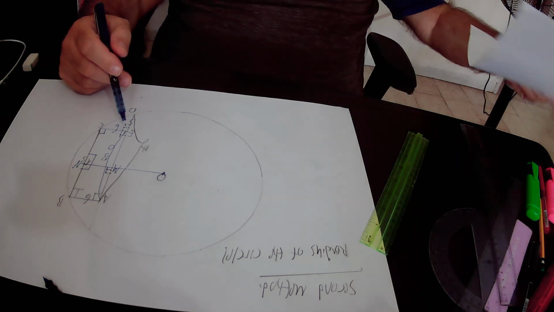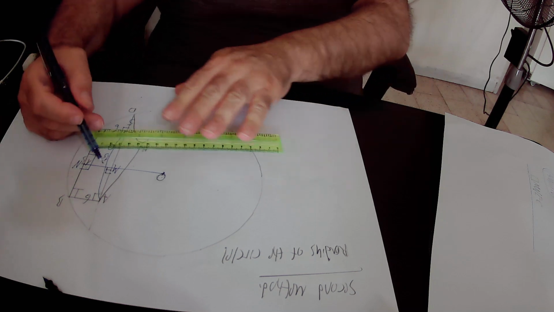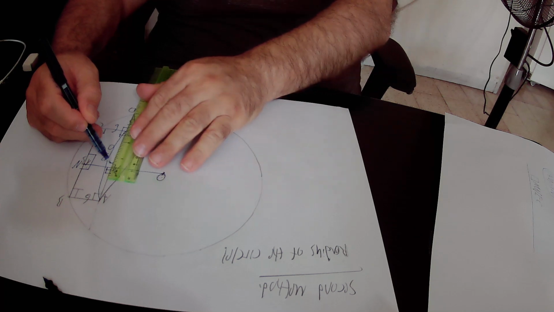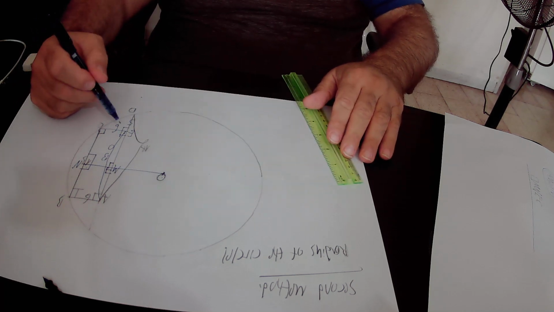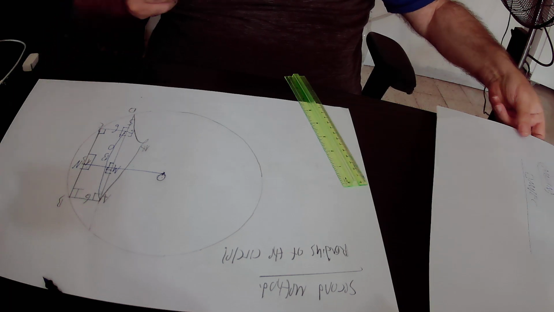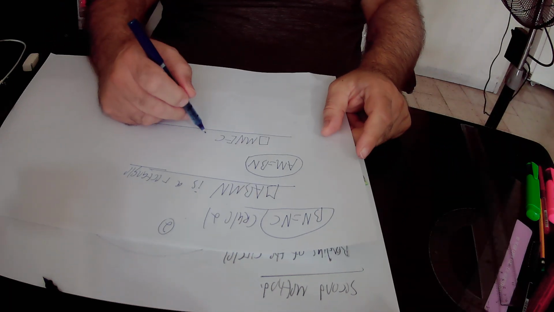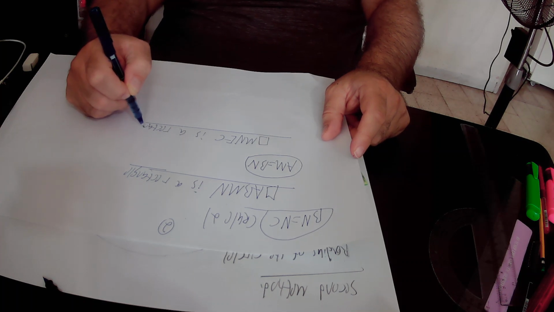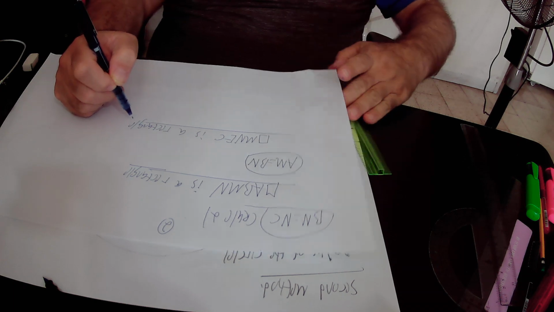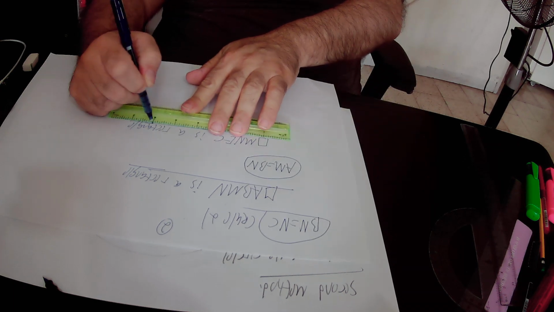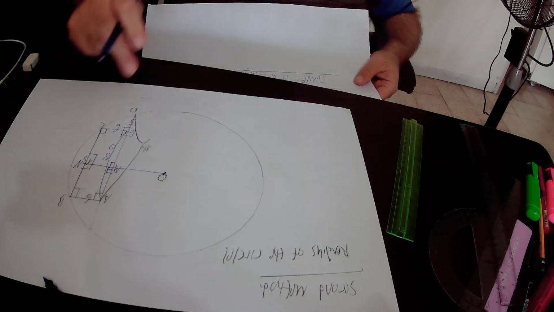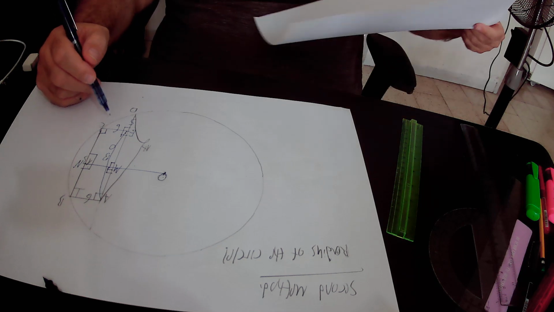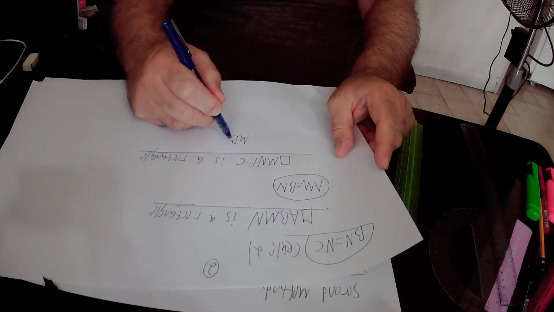Therefore, the fourth angle must be equal to 90 degrees. Because in quadrilateral MNEC we have 4 right angles, MNEC is a rectangle. Again, we know that the opposite sides of a rectangle are equal to each other. The opposite sides of rectangle MNEC are equal, that is to say, ME equals NC.